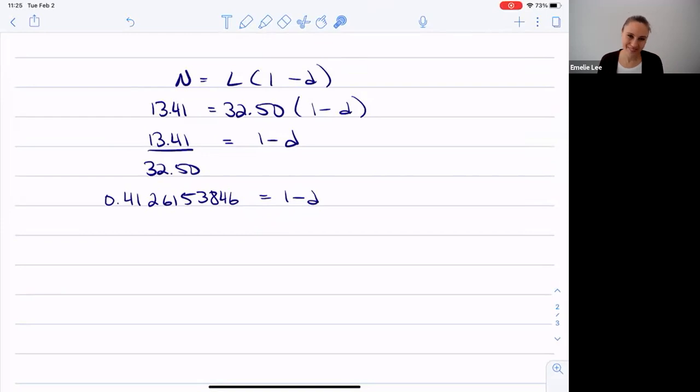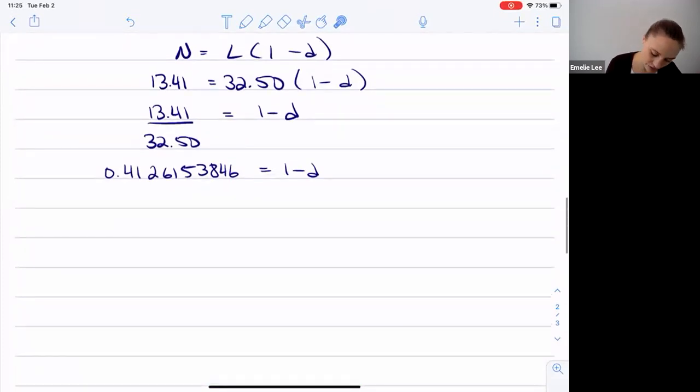Or another thing you could do is you could subtract 1 from both sides, making this side negative, and then just drop the negatives because you're going to have negative some number is negative D, but then D must just be that number, right?